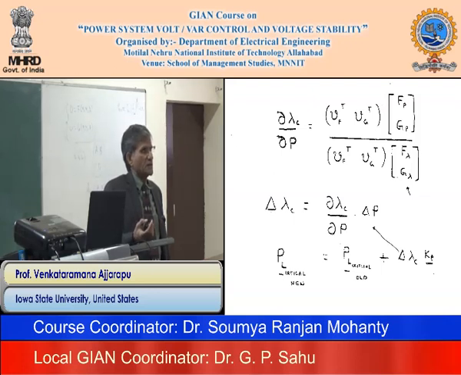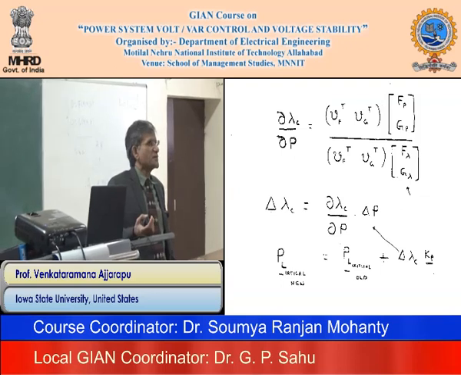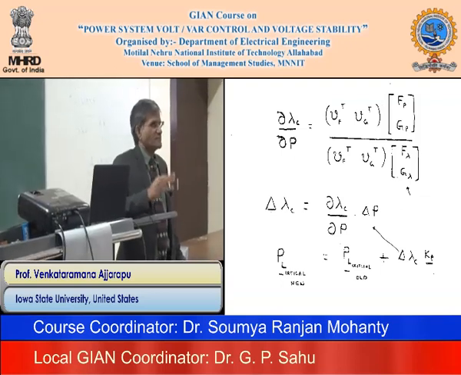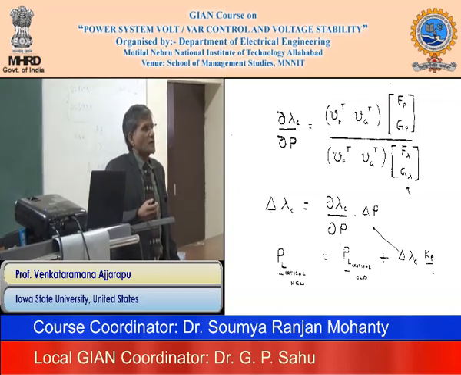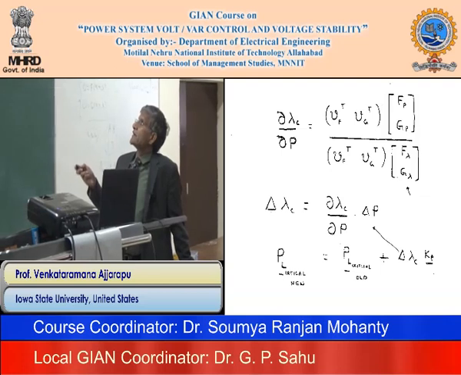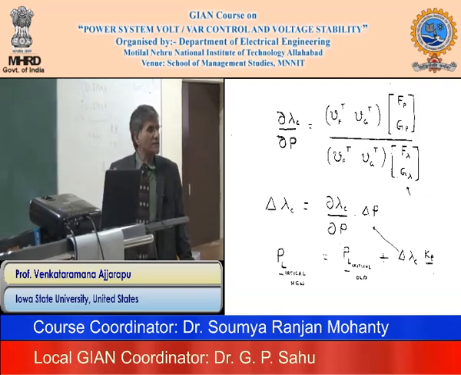In a power system, if you assume symmetry in some sense, generally off-diagonal elements are similar. So if you assume that, then you can get this left eigenvector from the tangent vector also, because that becomes the eigenvector at the critical point.